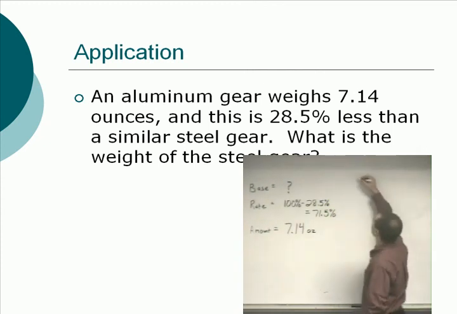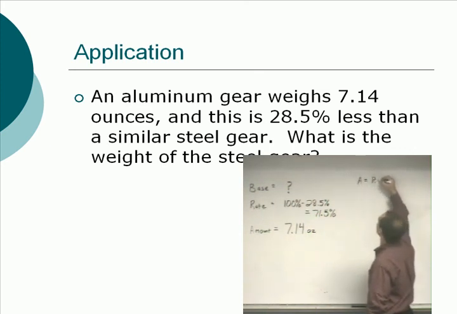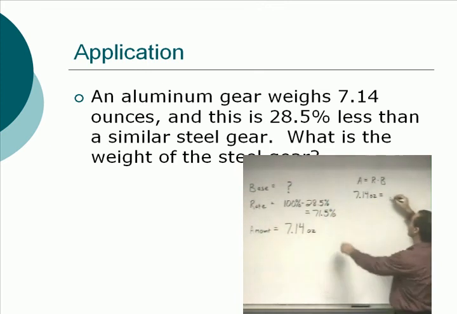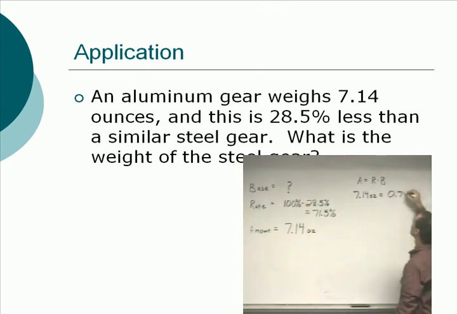Okay, so our amount of 7.14 ounces is equal to our rate, 0.715, times our base.